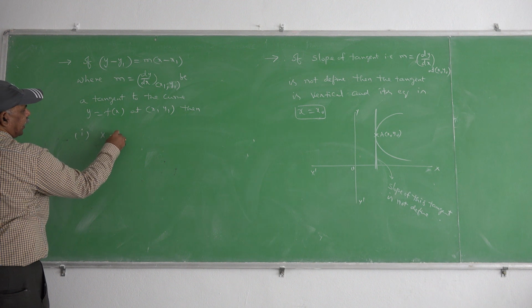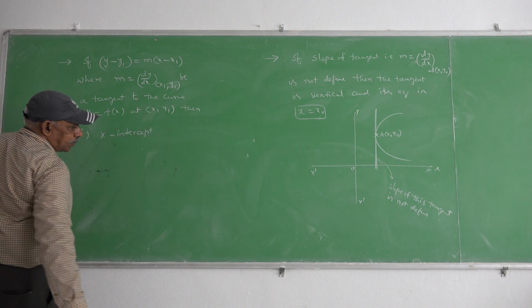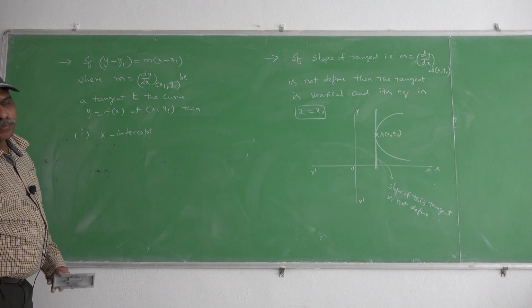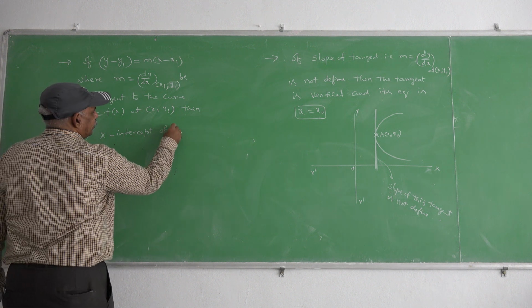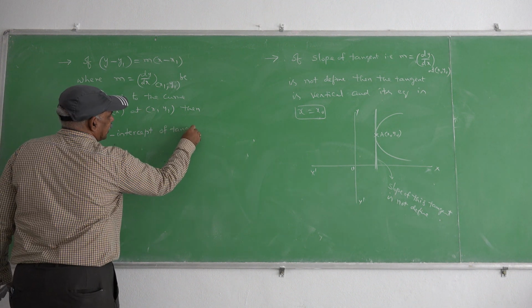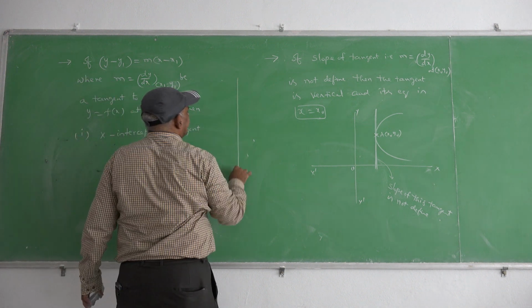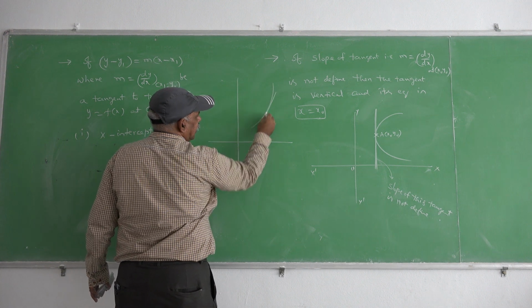x-intercept made by the tangent on the x-axis. X-intercept means suppose the tangent meets the x-axis.